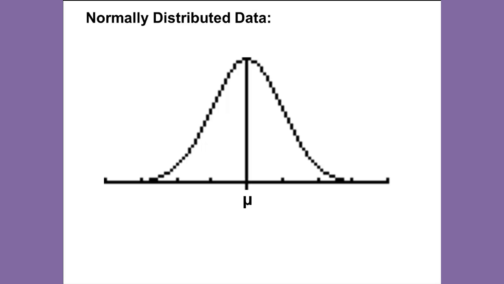So the total area under the curve is 100% or 1. Since the mean is the center, that leaves 50% of the area on each side of the mean. 50% of the area is above the mean, and 50% of the data or area or probability is below the mean.